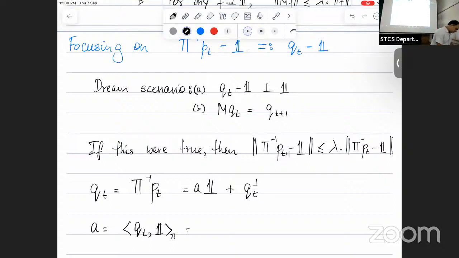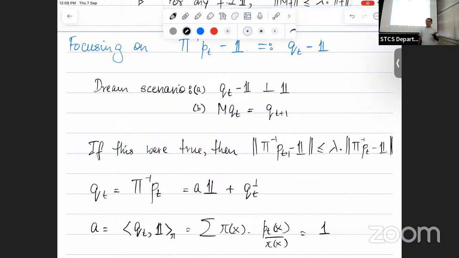Okay, and let's just expand this out. This is going to be the sum over x of pi of x times Qt of x times 1. But what is Qt of x? That is nothing but Pt of x divided by pi of x. Therefore this is just the sum over Pt of x. It's a probability distribution, so this will sum up to 1.